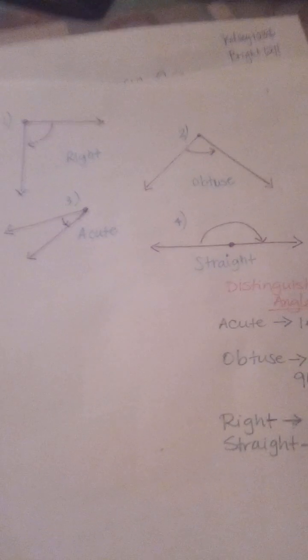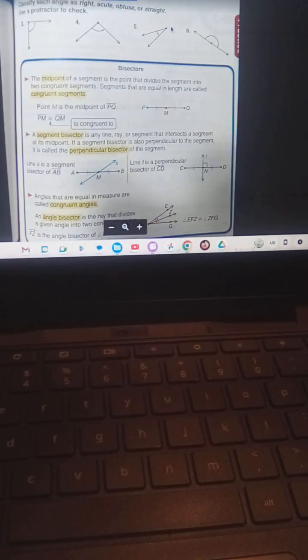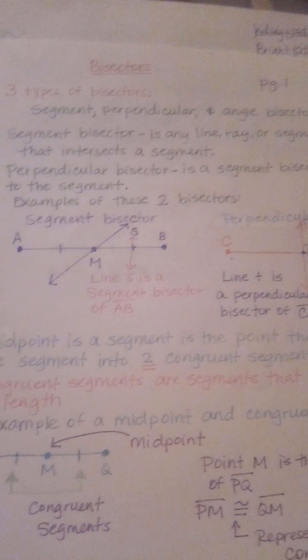All right, let's move on to bisectors. On this worksheet it's a little bit small and sometimes blurry, but I have this written out below the angles I just mentioned, so I hope that helps you.